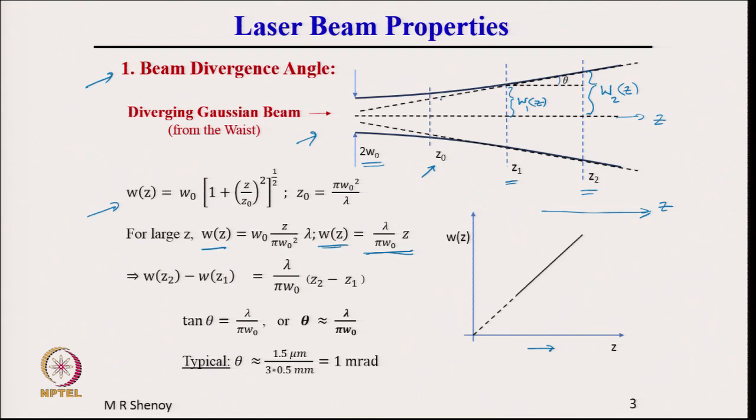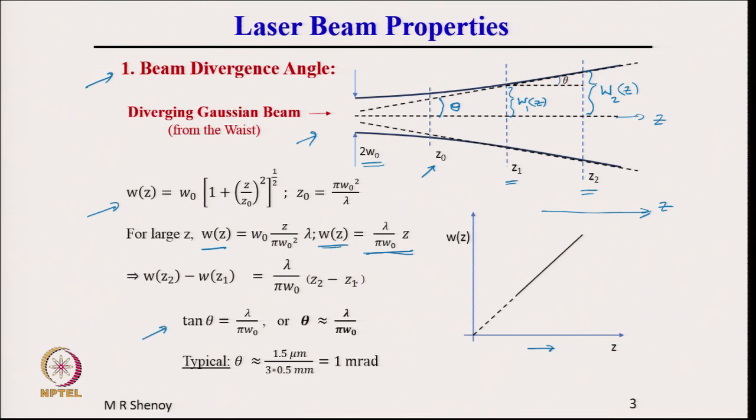The divergence angle theta can be determined by using the formula W2 minus W1, which is lambda by pi W0 into Z2 minus Z1, so W2 minus W1 divided by Z2 minus Z1 is tan theta.